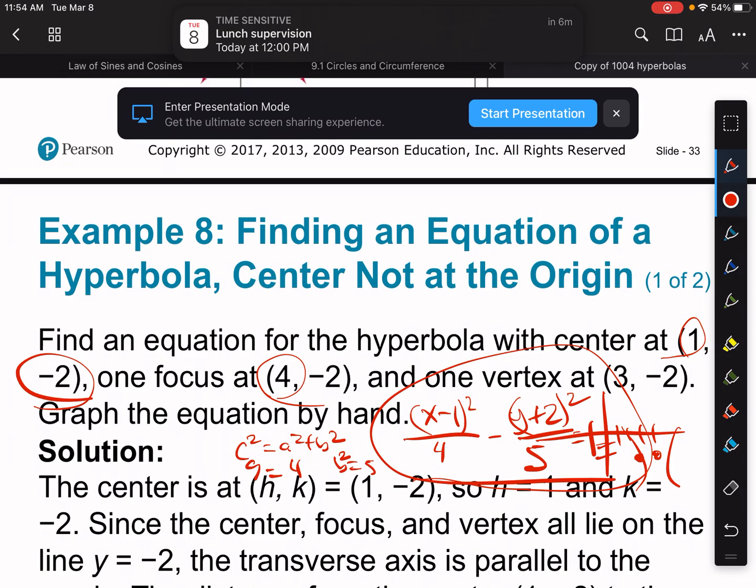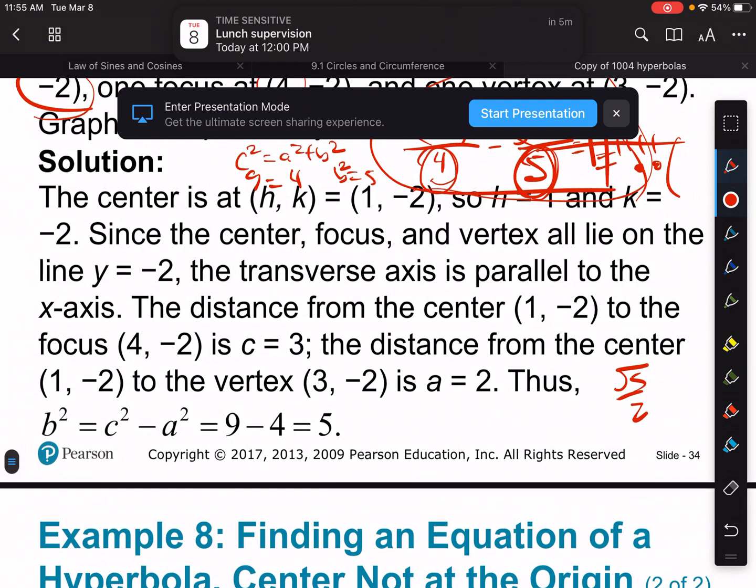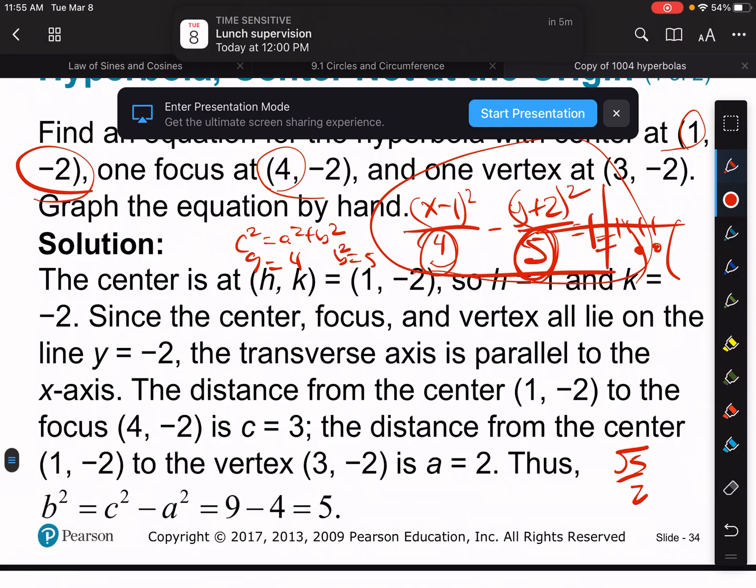I'm not going to go over the asymptote line, but the asymptote essentially, the slope is always going to be the same, right? So this is going to have a slope of square root of 5 over 2, because it's going to be the change in y, square root of 5, over the change in x, square root of 4, which is 2. So it'll be root 5 over 2 is the slope of the asymptote.